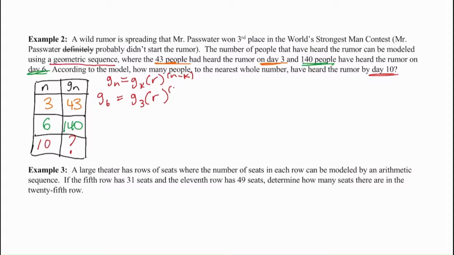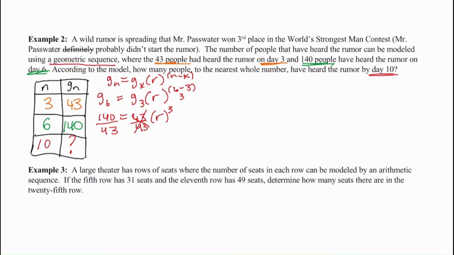We don't know that. 6 minus 3. And so we can replace these numbers right here with what they equal to here. So g of 6 is equal to, oh, not 43, 140. 140 is equal to 43 r to the power of 3. Since we subtracted, this here is equal to 3. So that's 3. Now we can divide this by 43.